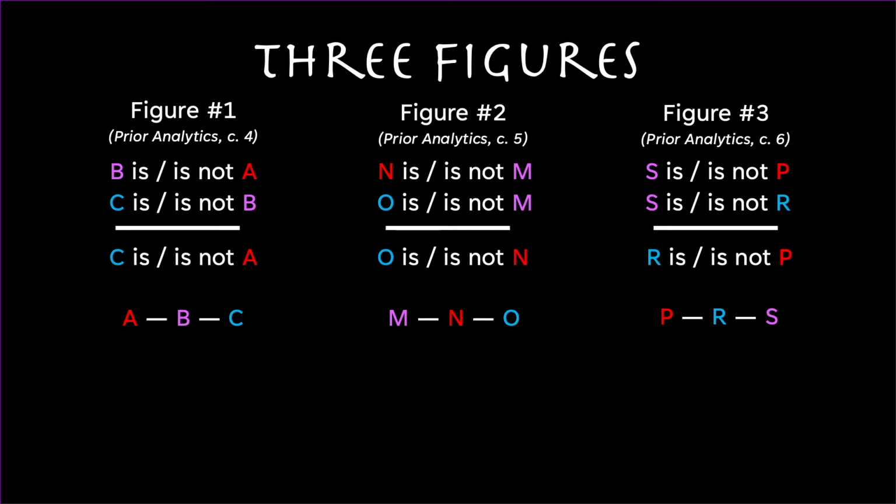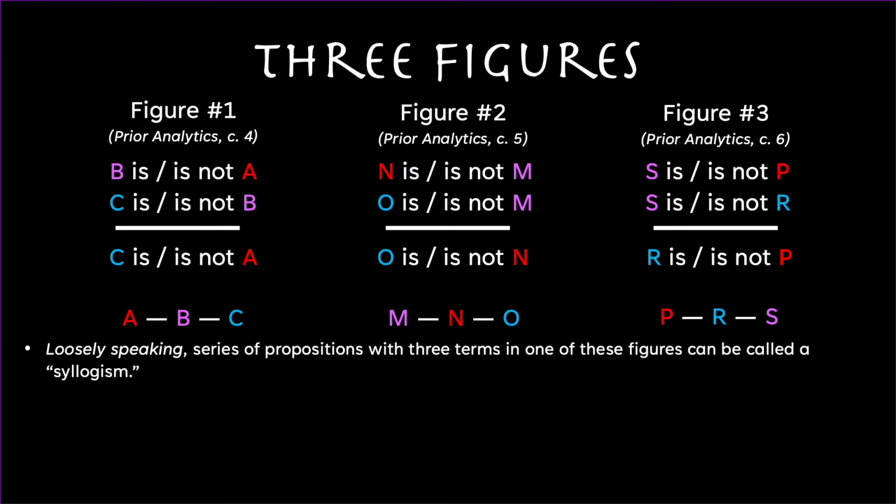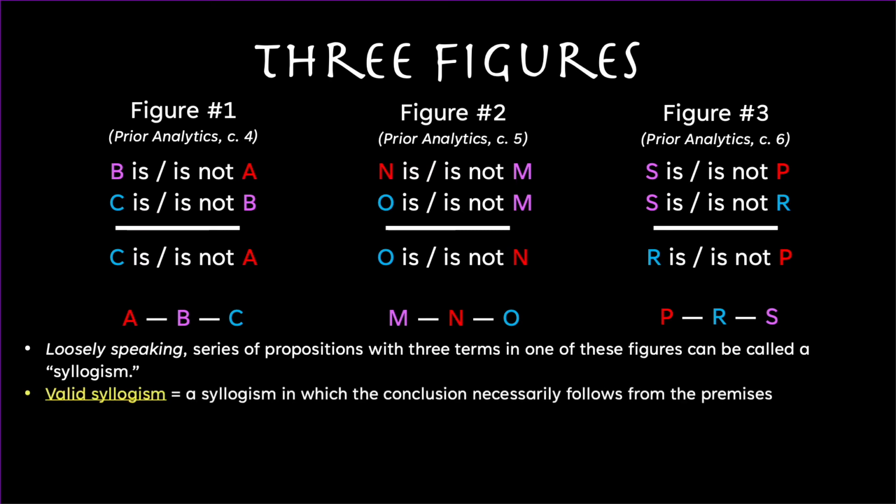Strictly speaking, every syllogism is valid, so an invalid syllogism is no more a true syllogism than a dead dog is a true dog. Nevertheless, loosely speaking, a series of propositions with three terms in one of these three figures can be called a syllogism. Valid syllogisms, then, are syllogisms in which the conclusion necessarily follows from the premises.